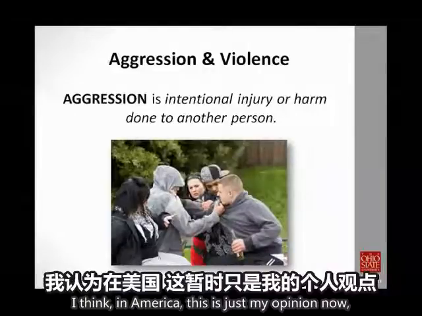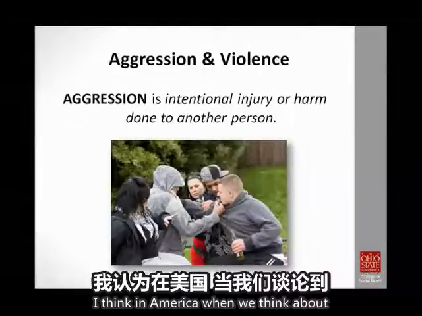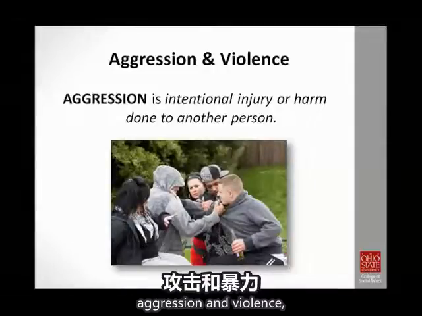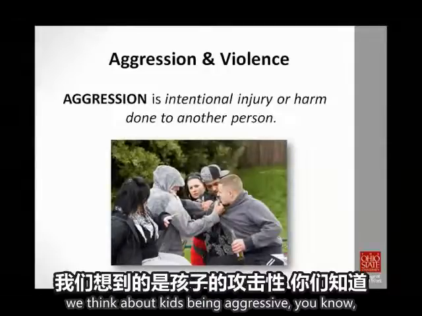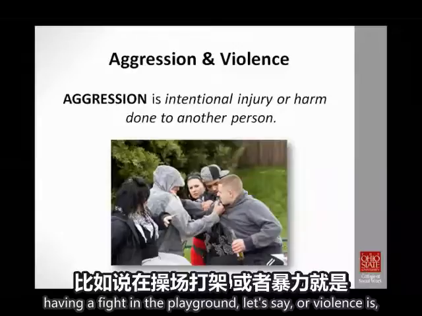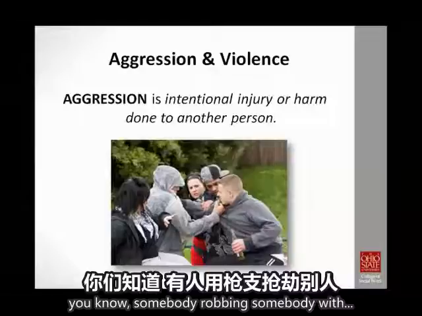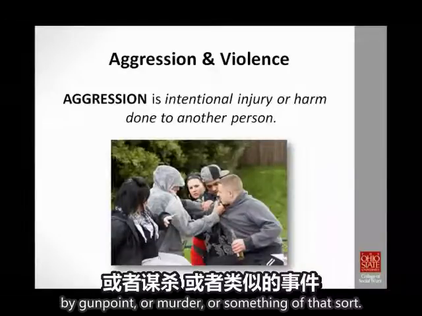I think in America, this is just my opinion now, when we think about aggression and violence, we think about kids being aggressive, having a fight in the playground, let's say, or violence is somebody robbing somebody at gunpoint, or murder, or something of that sort.